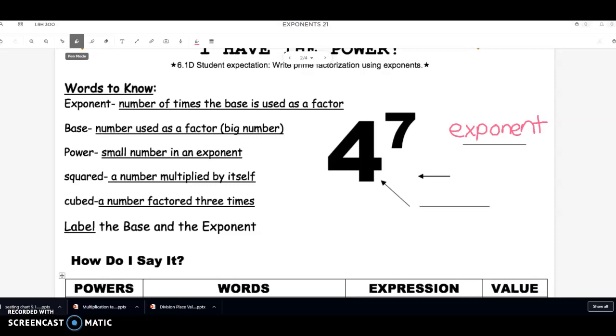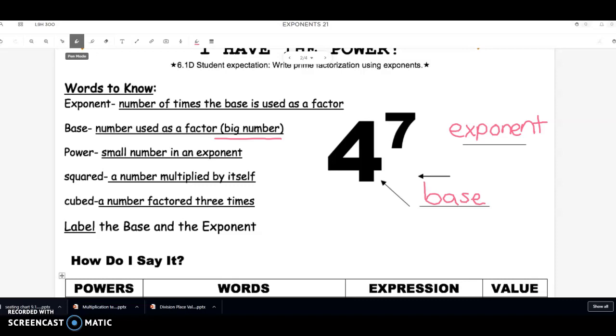Okay, so fill in the blank, exponent, and the big number is the base. So the base is the number we multiply, the exponent tells us how many times.